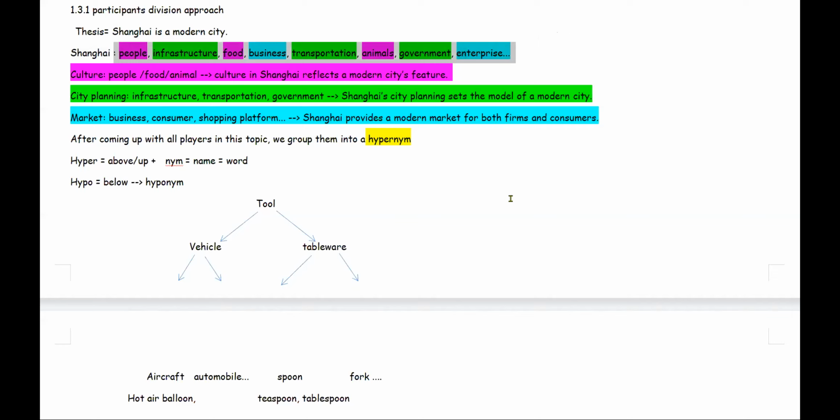As long as I can prove that most of the players in this topic represent the characteristics of modern, I conclude Shanghai is a modern city. Does that make sense? All right, I'll let you digest this logic for a couple of seconds. This is what we call the participant division approach.